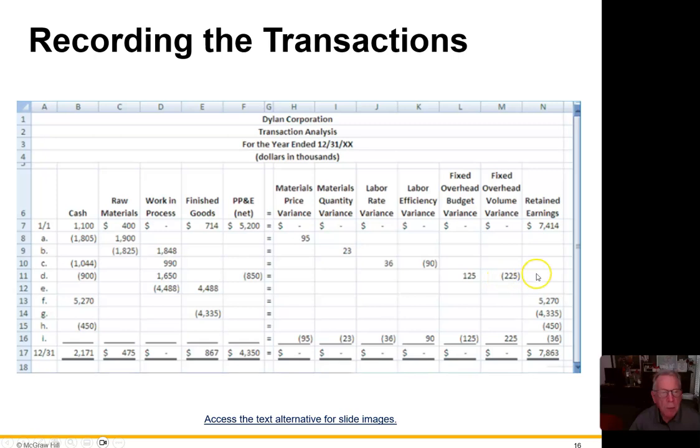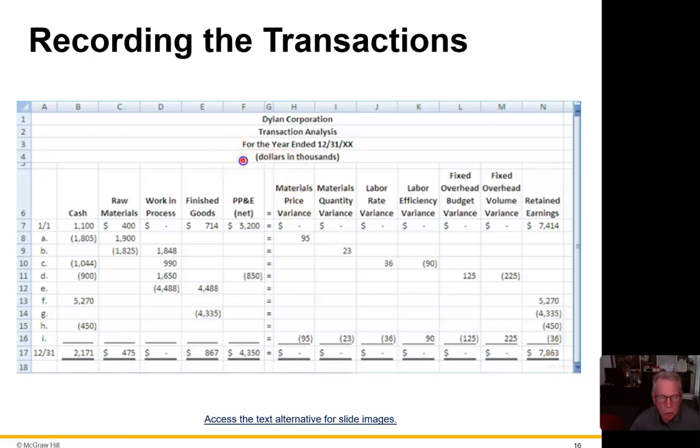So then you can see that we close this to retained earnings here of $36,000 unfavorable, or a subtraction from retained earnings. Okay, and that generates ending retained earnings here of, I'll call it, 7,863.